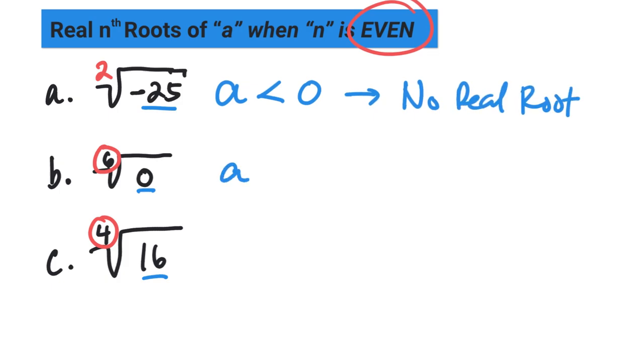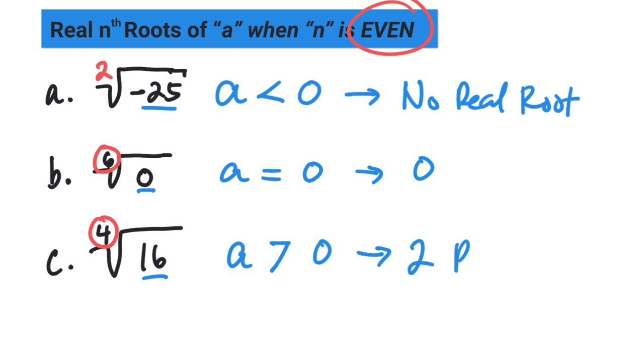Here our a is equal to 0, and then that means the root is 0. Here, the 4th root of 16, our a is greater than 0. It means to say that it is going to have 2 real roots. So if you're going to solve this one, the 4th root of 16 can be either plus or minus 2.